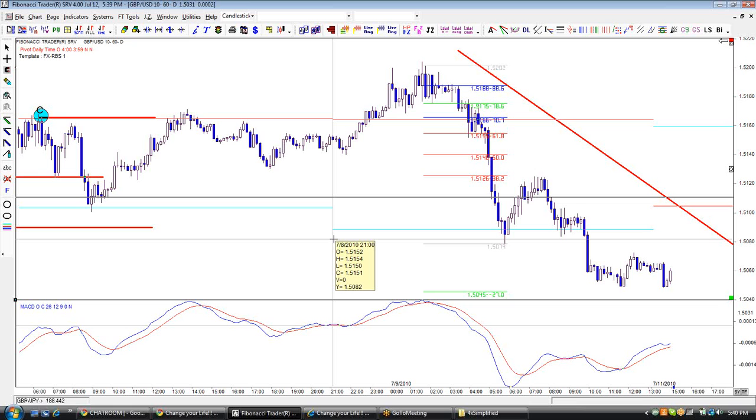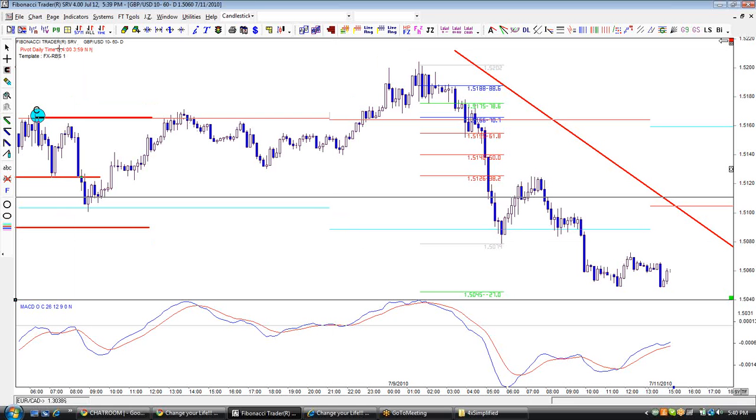And for some reason, I'm not sure what kind of server and where the server is set and on what time, but when we put as settings 4 o'clock, and this is 4 o'clock in the morning, and 3:59 for close, the pivot lines are starting at midnight Eastern.